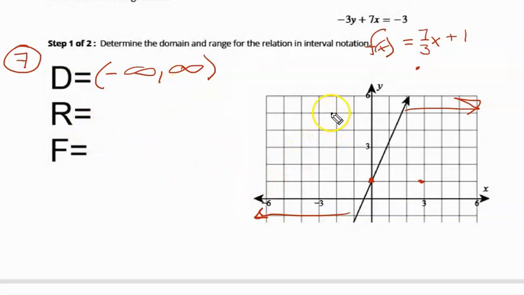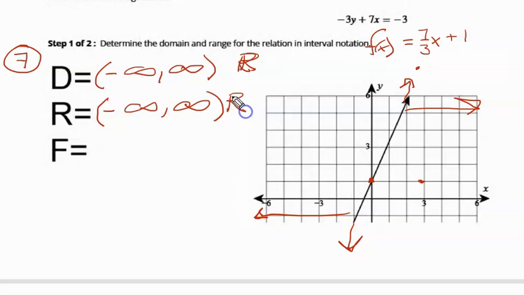Now for the range, again, it would be y values. This goes down to negative infinity and then eventually up to positive infinity. So this is also negative infinity to positive infinity, or in a sense, all real numbers, using that symbol for real numbers.